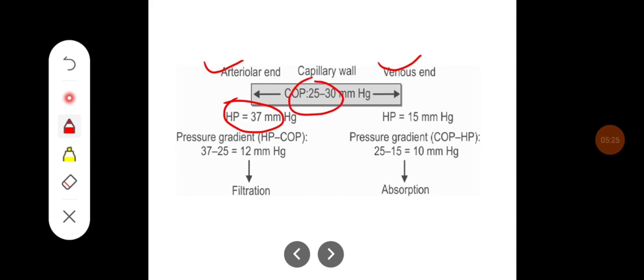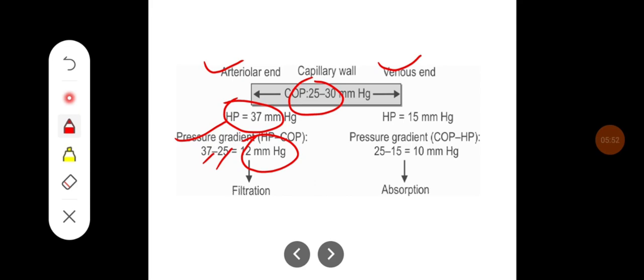So for the fluid flowing across the arteriolar end, since the capillary hydrostatic pressure is more than the osmotic pressure in the capillaries, the gradient produced is 12 mm of Hg across the arteriolar end, which flows from the artery into the interstitium.